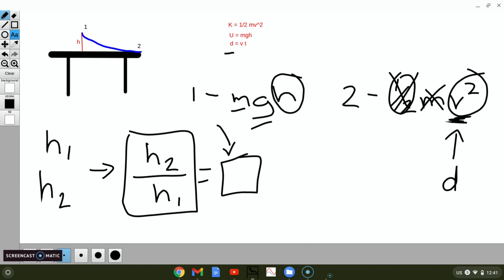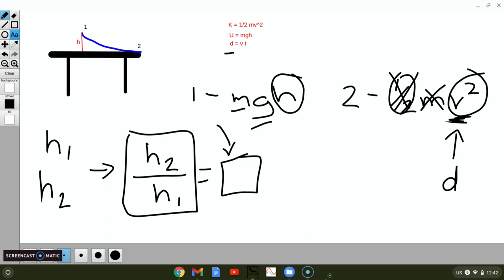If you used weird heights, like let's say for height 2, that was 17 centimeters, and height 1 was 12 centimeters, well, you're going to get some weird number here. And the ratio, the relationship you're trying to see here, is going to be very strange, and it's going to be hard to see. So that's key number 1. Height 2 and height 1 need to play well together. So height 2 should probably be some multiple of height 1. And make sure height 2 is bigger than height 1 in this case.